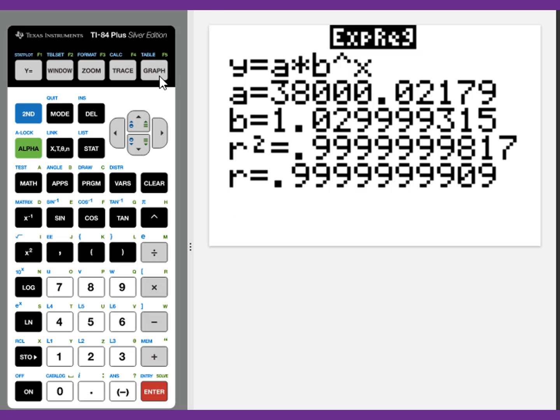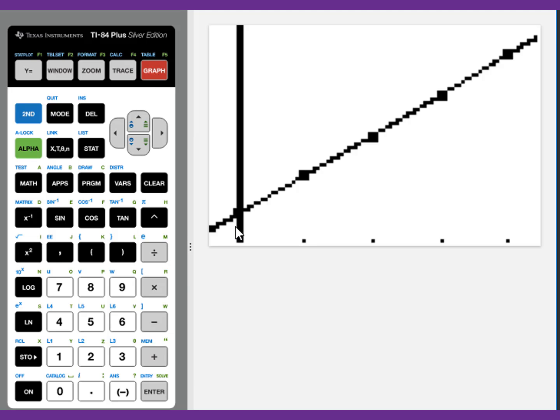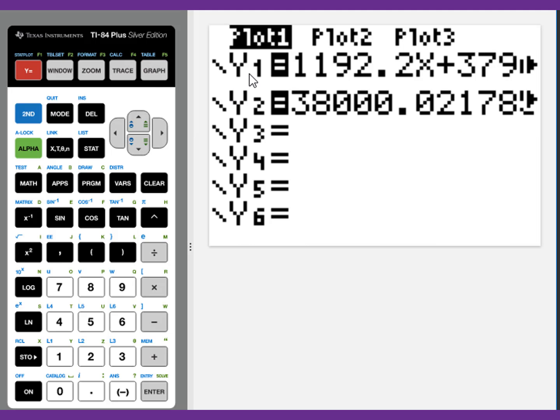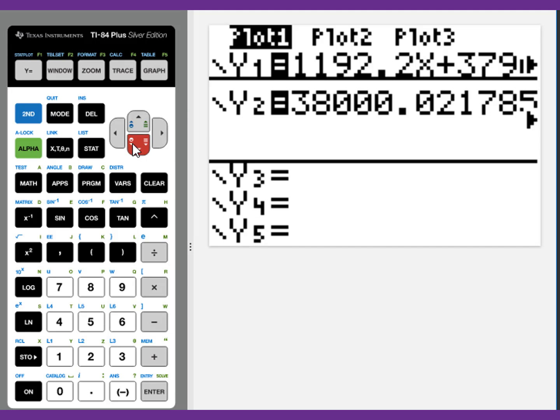You can go to Graph to check. See, it's not clear. We go to Y1. This is Y1, here is Y2. Y1 will be linear and Y2 will be exponential. I will change Y2 into this one.